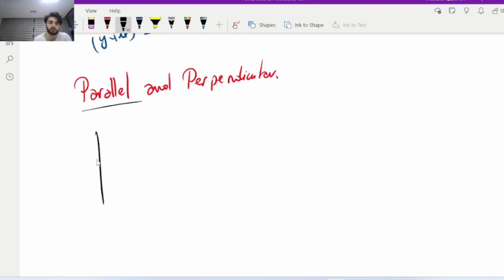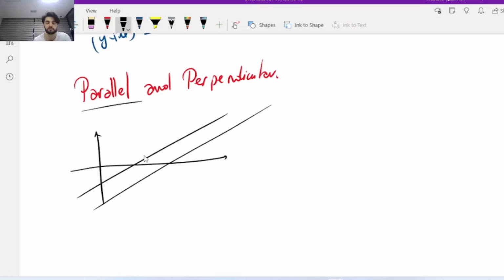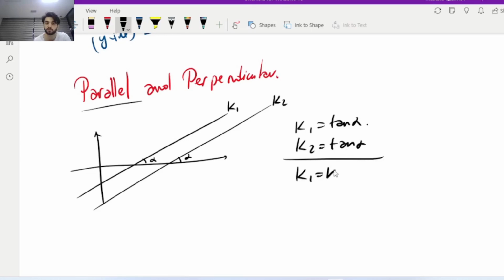Parallel means that when two lines will not intersect, we call them parallel, or we can say when two lines intersect with another line at the same angle, we call them parallel. We say that slope is equal to tangent alpha, and it is the same for both of them. That's why we can say that when two lines are parallel to each other, k1 is equal to k2.